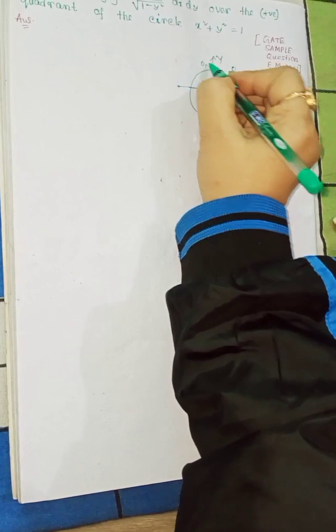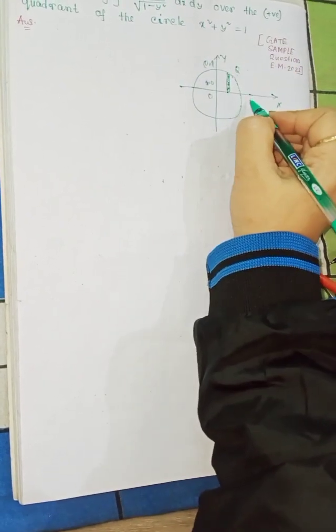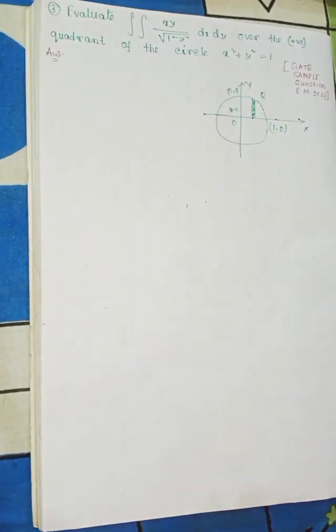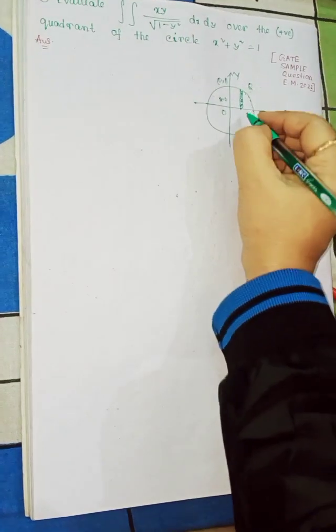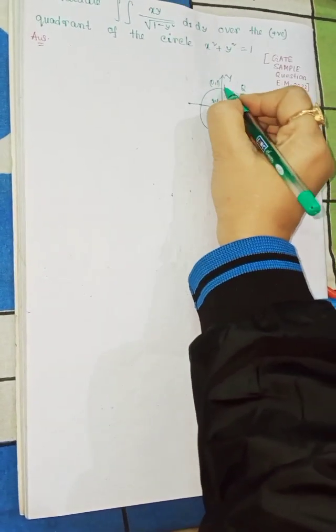So this point is 0, 1, and this point is 1, 0. So now this is PQ, here point A and here B.